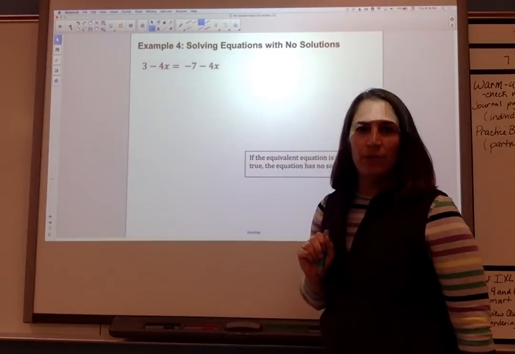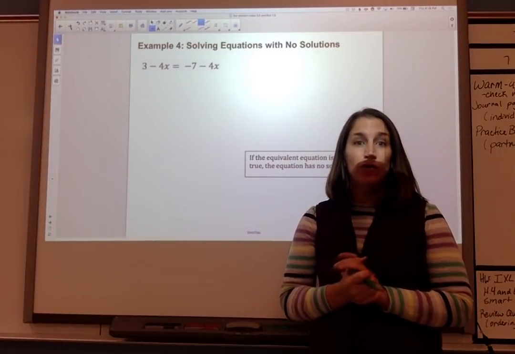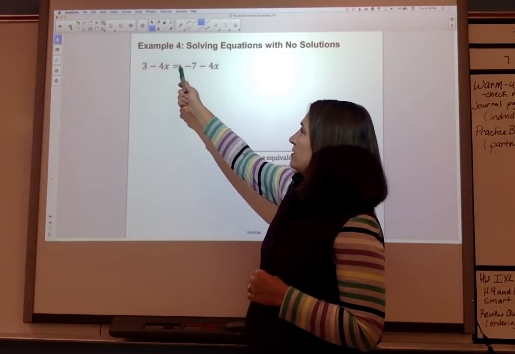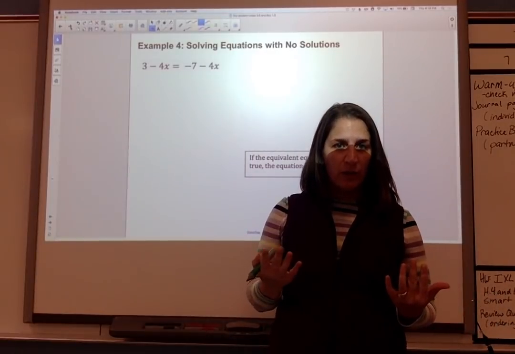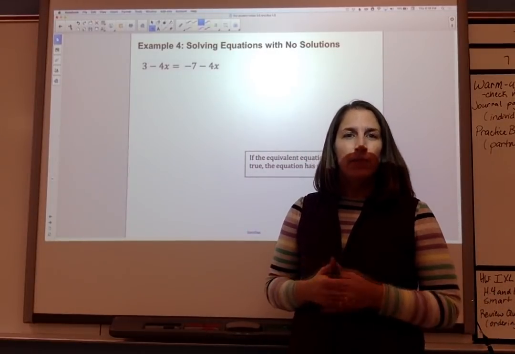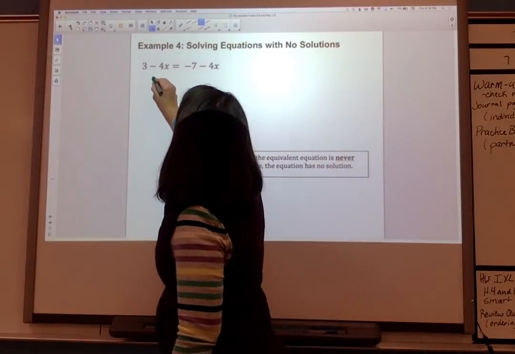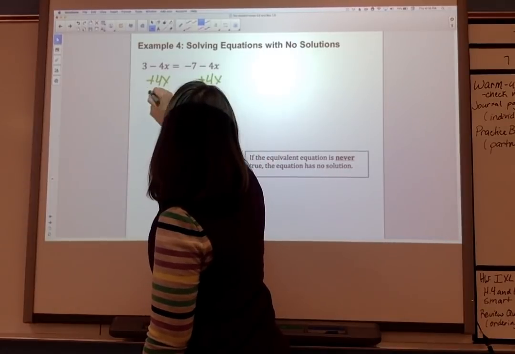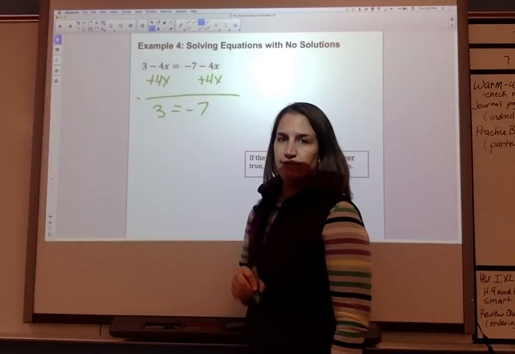Just 2 more examples here. I'm going to show you an example of an equation that has no solutions. So here we have 3 minus 4x equals negative 7 minus 4x. So again, we have variables on both sides of the equation. But look what happens when we try to combine our like terms. We'll add 4x to the left and to the right, and we have 3 equals negative 7.